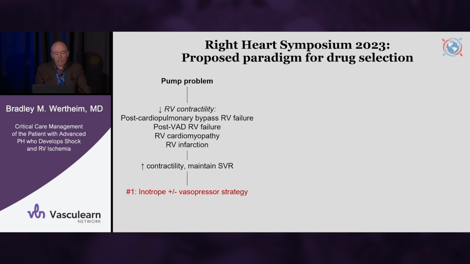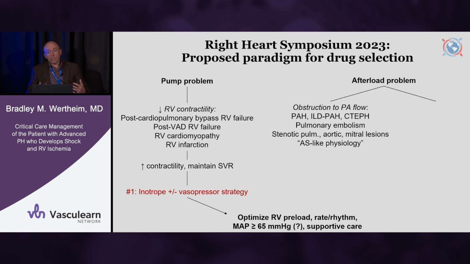And in this situation, it's very reasonable, because there's a contractility problem, to reach for an agent that augments contractility. In addition, you need to think about optimizing RV preload, optimizing heart rhythm, maintenance of a suitable MAP, and providing meticulous supportive care.